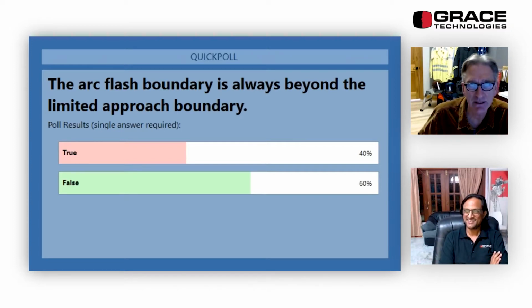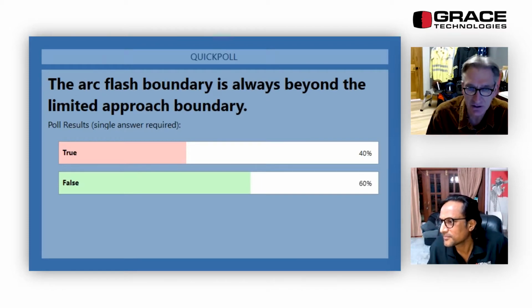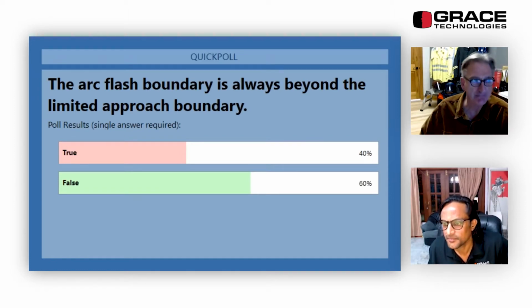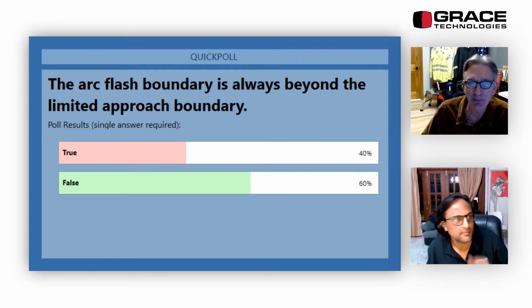The limited approach boundary is a shock boundary, and for up to about 750 volts, the limited approach boundary for a fixed type of equipment is 3.5 feet. Now the arc flash boundary is not dependent upon that shock boundary whatsoever.